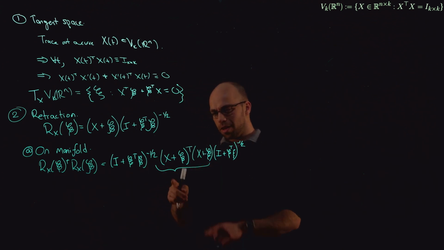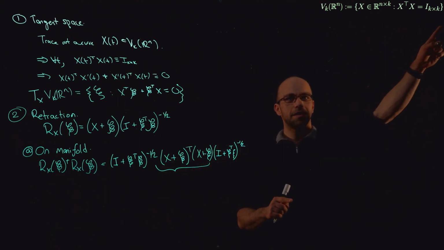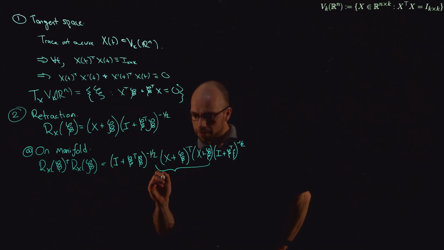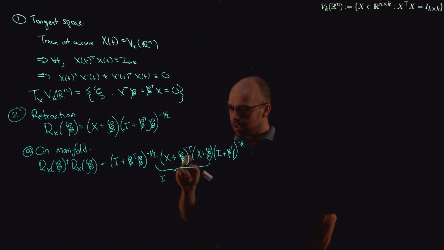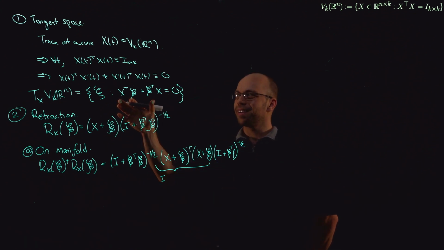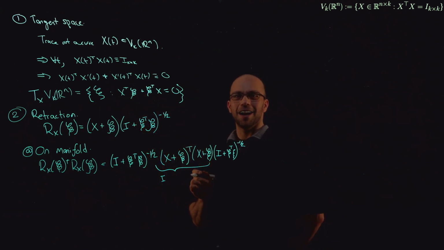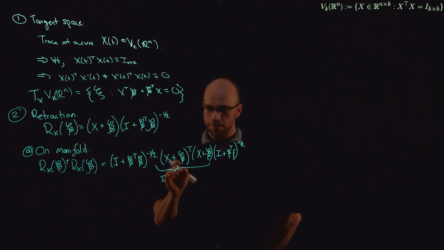What am I going to get? Well, I'll have x transpose x. But what is x transpose x? It's the identity. Okay, so that's kind of cool. Plus x Xi plus Xi transpose x. But that's 0 by definition of the tangent plane. So all the cross terms actually cancel out because Xi is in the tangent plane by definition.